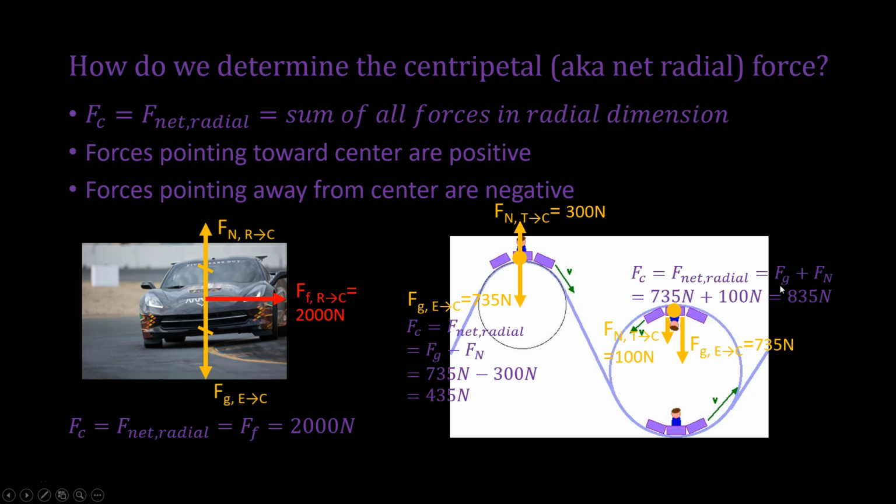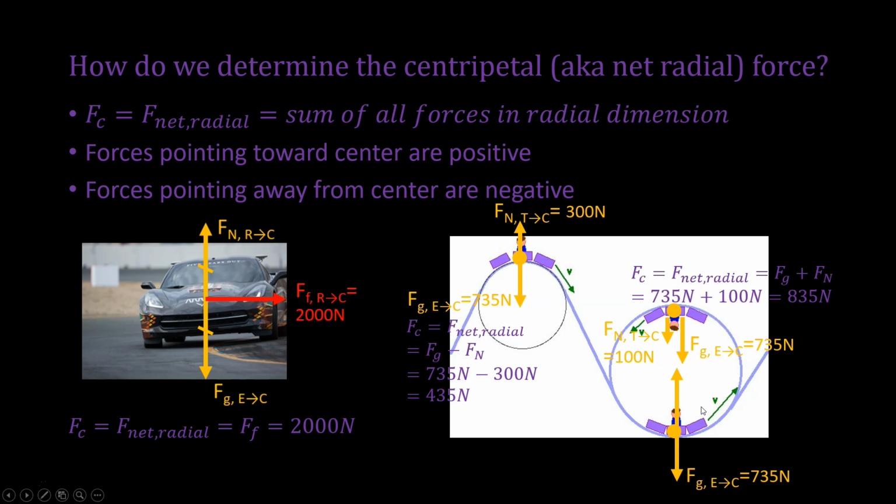So let's go ahead and add up the forces in the radial dimension, and because both the gravity force and the normal force are pointing towards the center of the circle, we're going to add them together. So the centripetal force at this point in the roller coaster is 835 newtons.